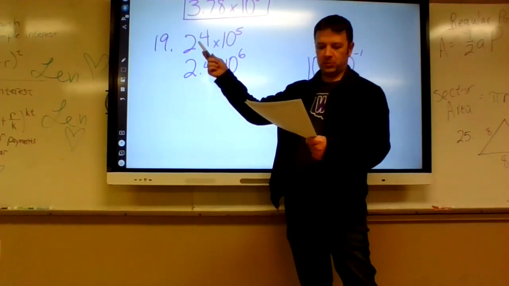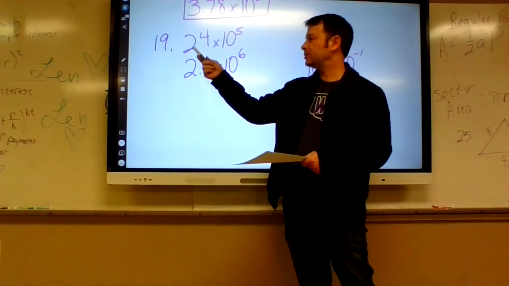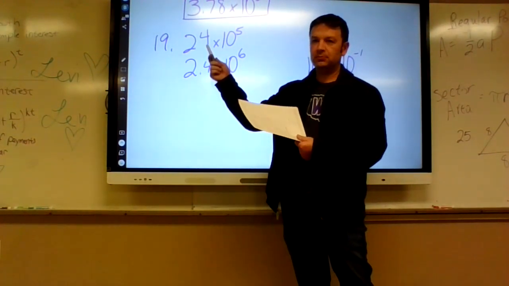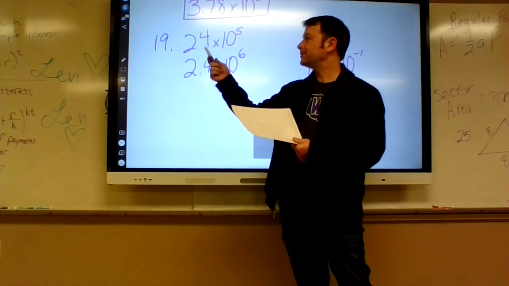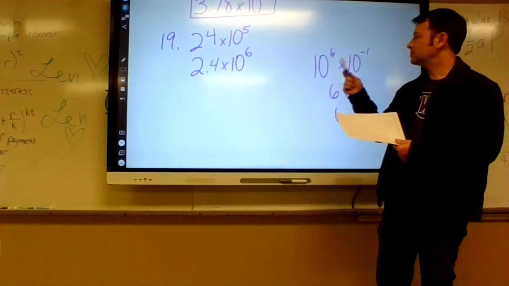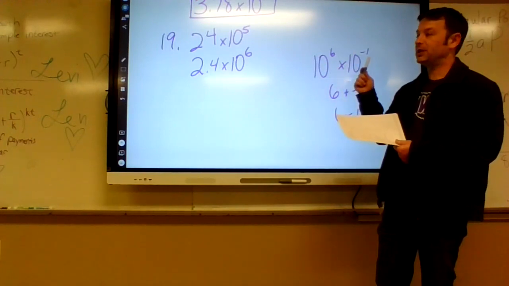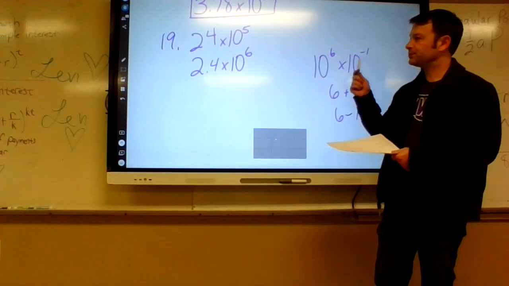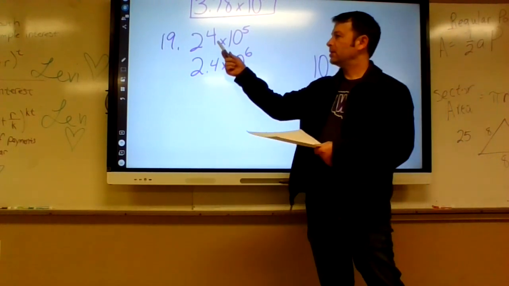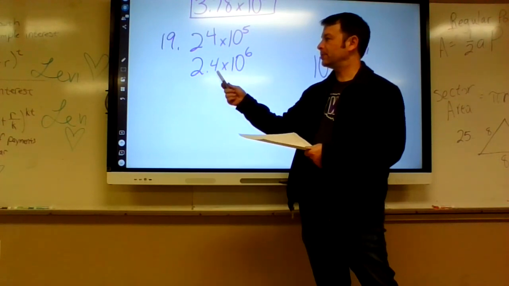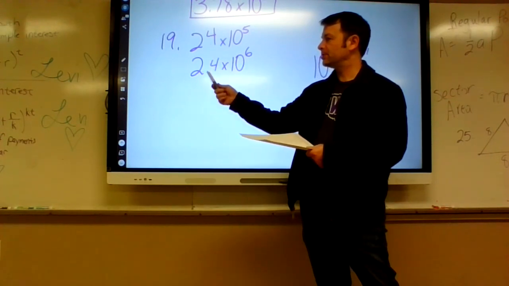So do you see where we got this from? Number 19 was 6 times 4, which is 24. Then 10 to the 6 times 10 to the negative 1, you add the exponents, which equals 10 to the 5th. That's not in scientific notation, so I turned it into 2.4, which made this number smaller.